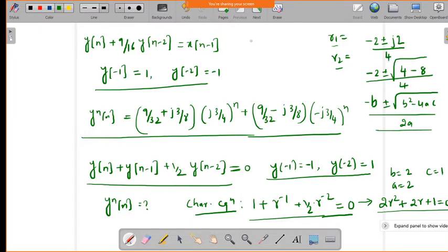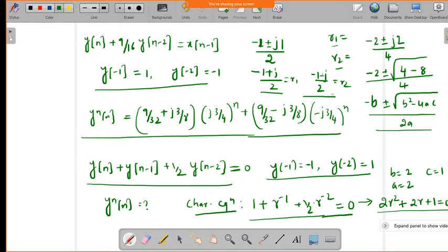If you divide it by 4, it will give minus 1 plus or minus j by 2. So r1 is minus 1 plus j by 2, and r2 is minus 1 minus j by 2.